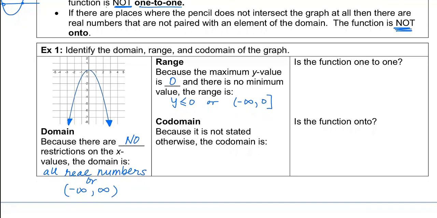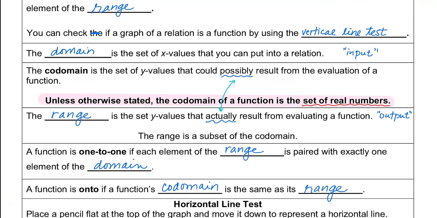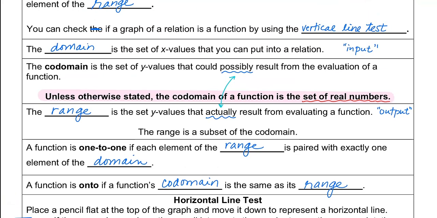Okay, then codomain, and again, they're just trying to introduce you to the topic, start getting used to the definition. It didn't state anything about the codomain. If you remember up here when we were talking about codomain, it's the set of possible y values that could result, and it says here, unless otherwise stated, the codomain of the function is the set of real numbers.